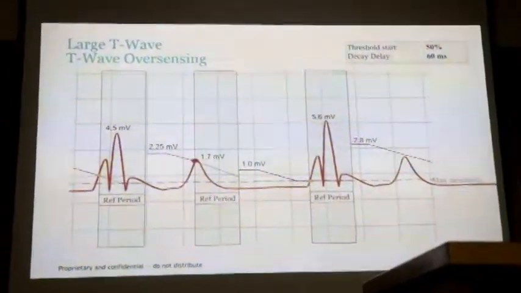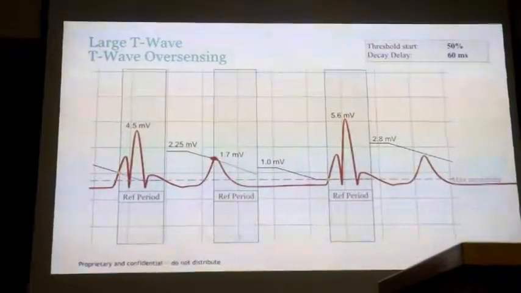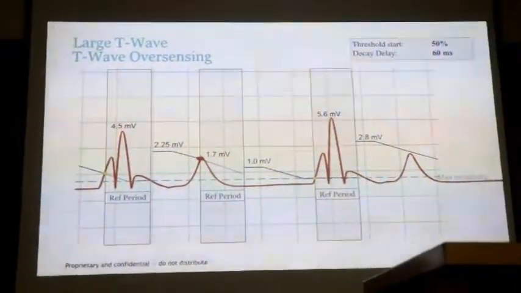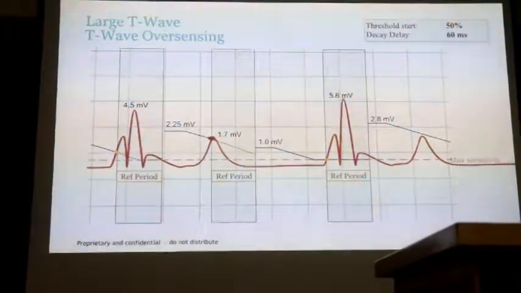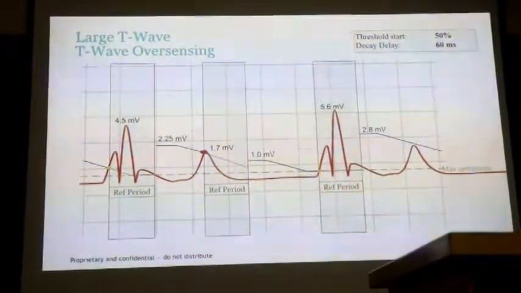Because if you imagine a very peaky, very big T-wave here, increasing the threshold start won't help, and increasing the decay delay won't help. You may need to push the threshold start. It just depends on the relative morphology.